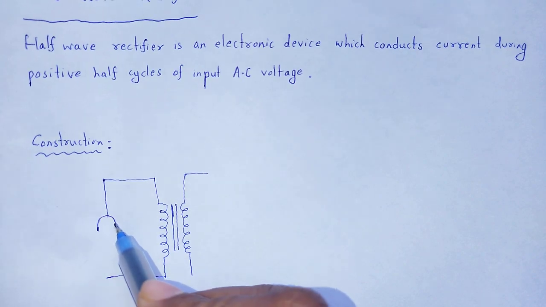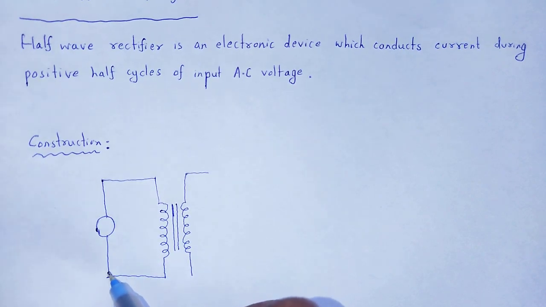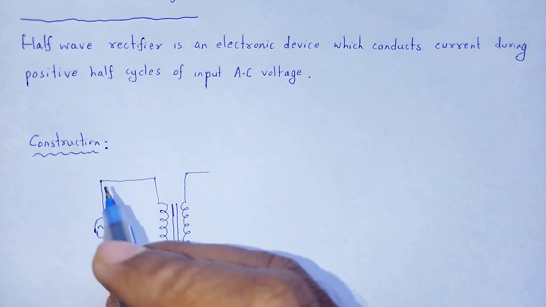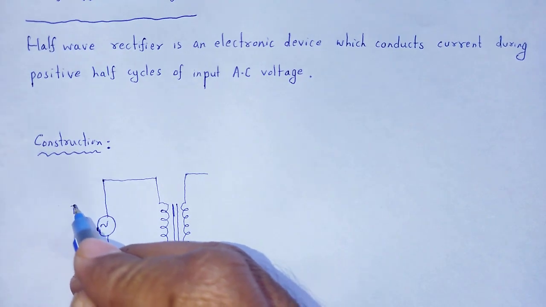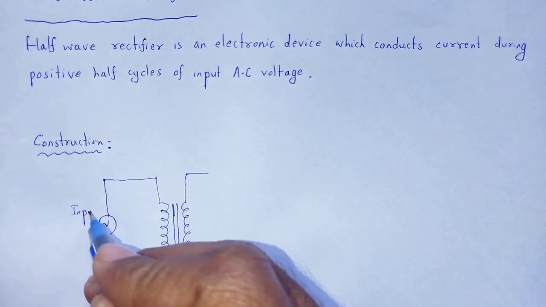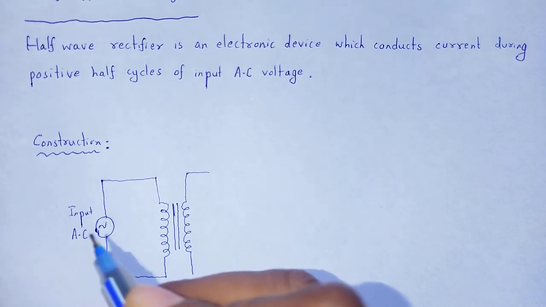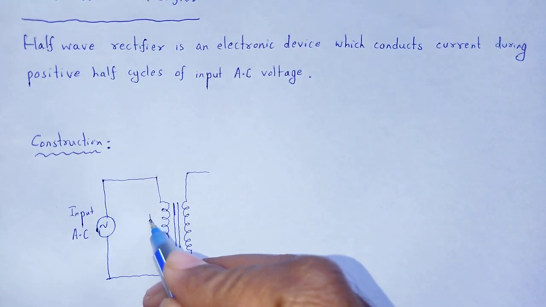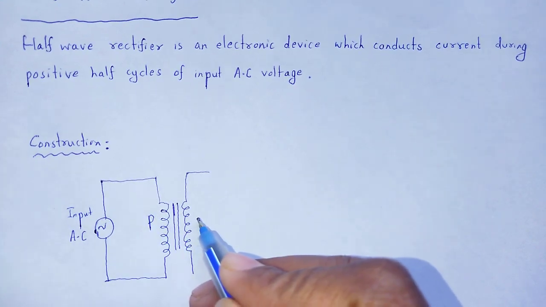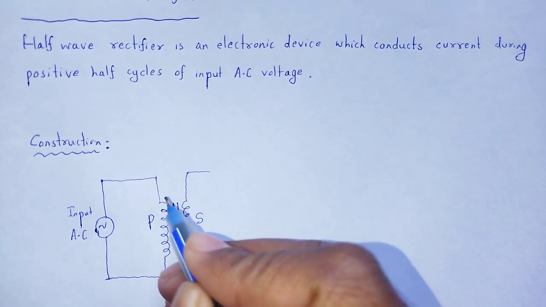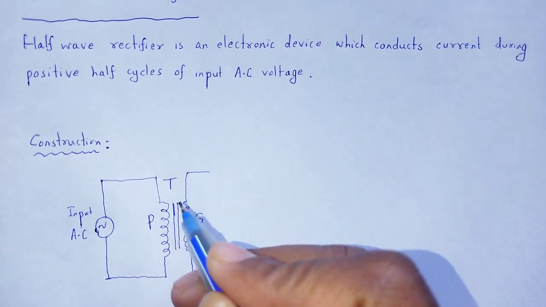We provide an AC input to the primary coil, and the secondary coil in the transformer T.